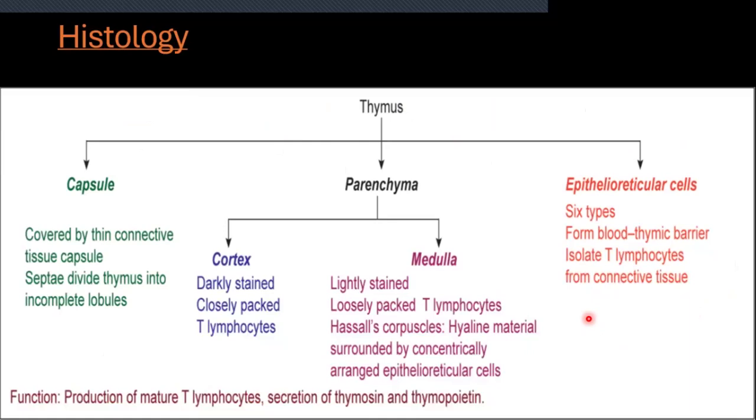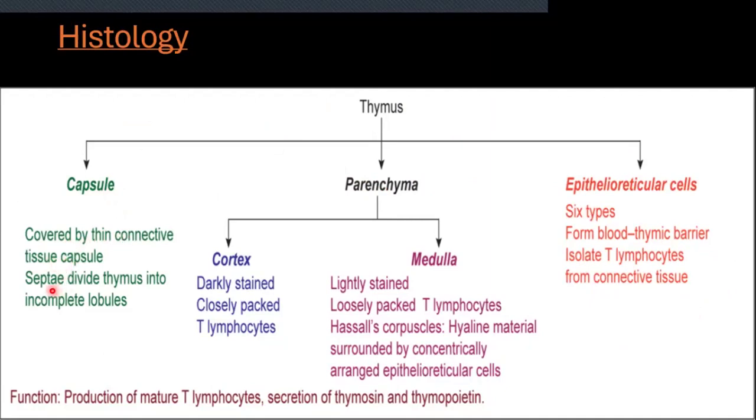So this is simply a flow chart which tries to describe the histology of the thymus. It has a capsule or the stroma and the parenchyma. Now, the capsule is simply a thin connective tissue which surrounds the thymus.